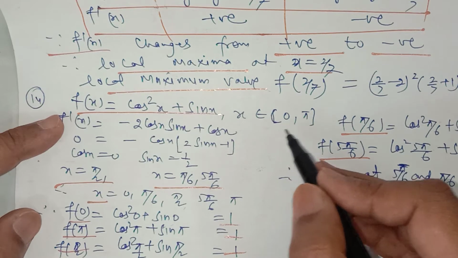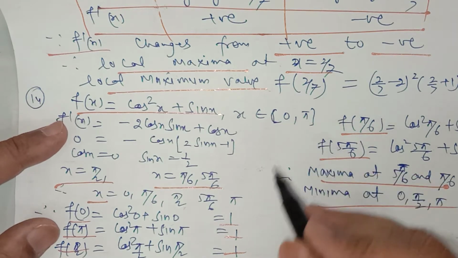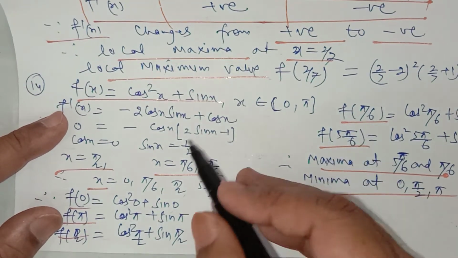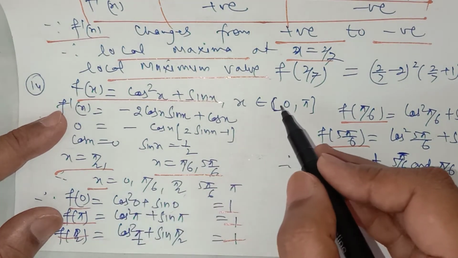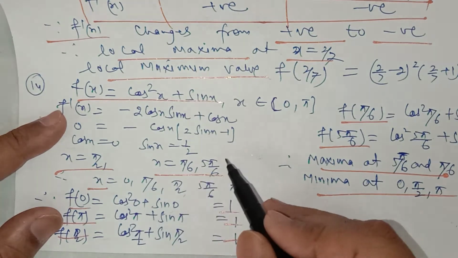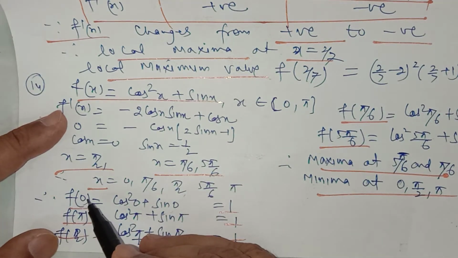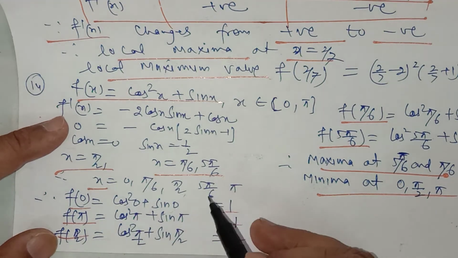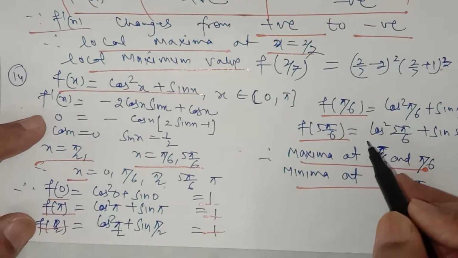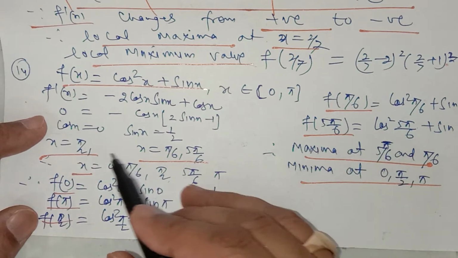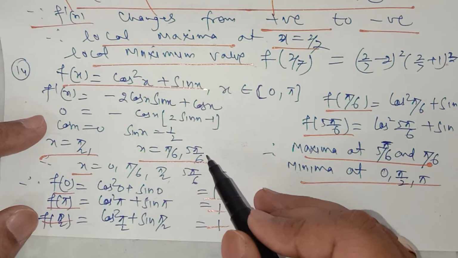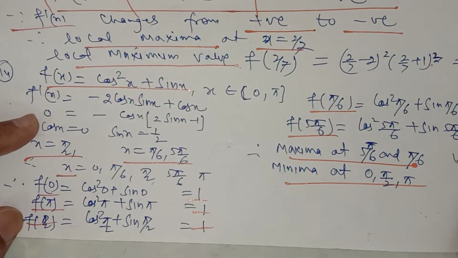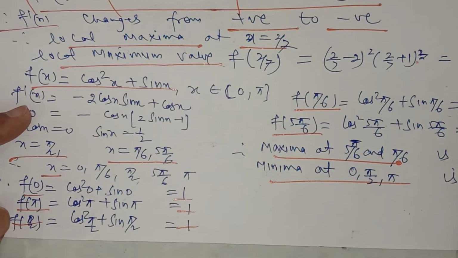Because we have a closed interval, we can find the maximum and minimum value without calculating the second derivative. So the points we take are 0, π/6, π/2, 5π/6 and π, and we find the function values at these points. When we have a closed interval, we can find the absolute maximum and absolute minimum.